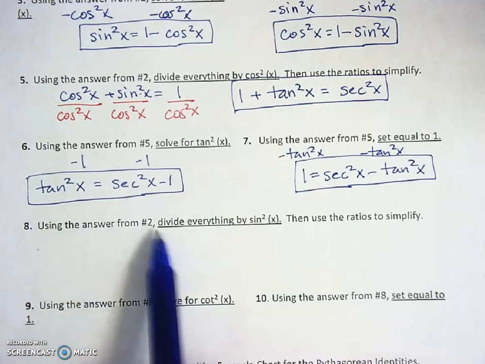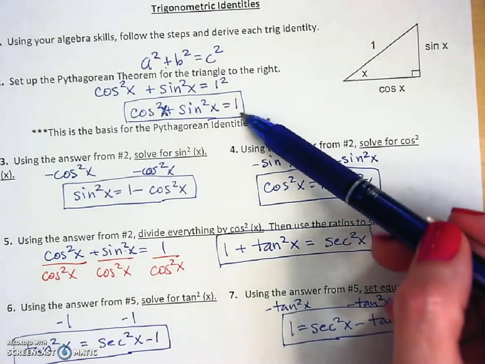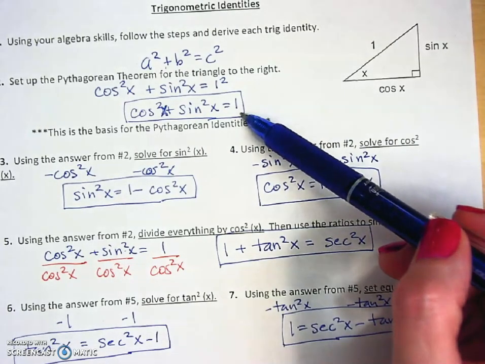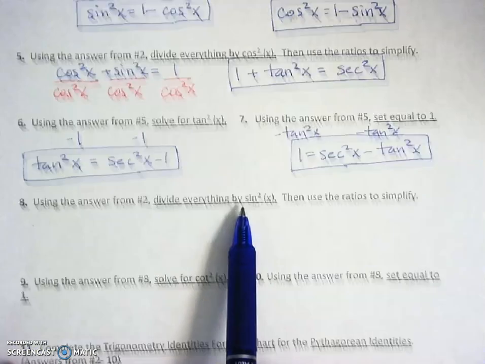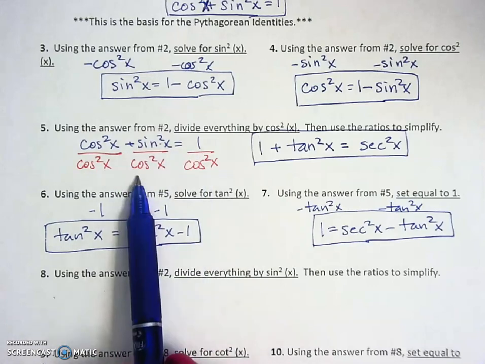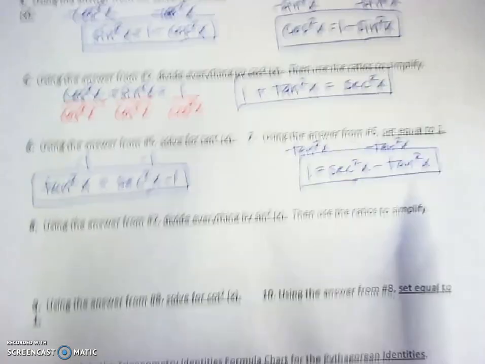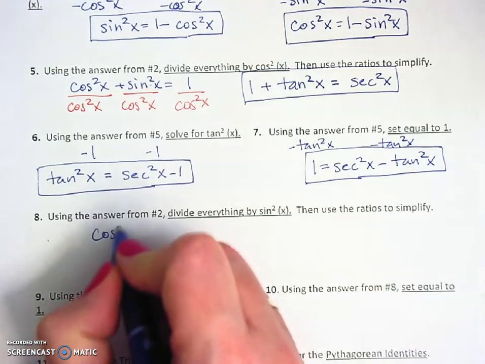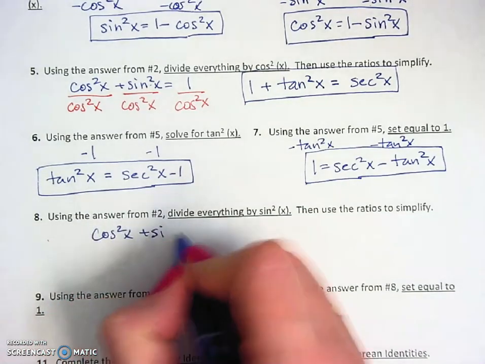Number 8 says, using the answer from number 2, so that means going back to this original identity, divide everything by sine squared x. So it's like what we did here, but this time instead of dividing by cosine squared, we're going to divide everything by sine squared and see what that looks like.